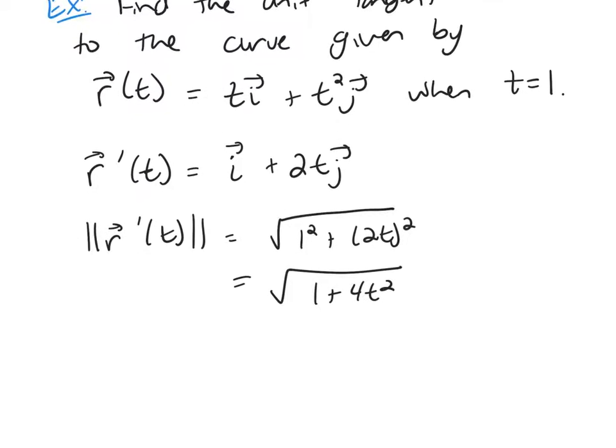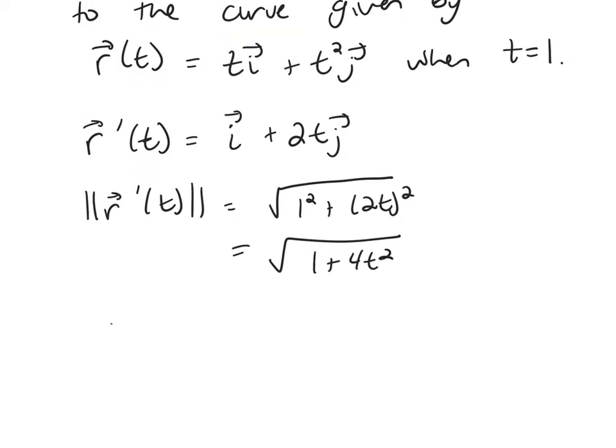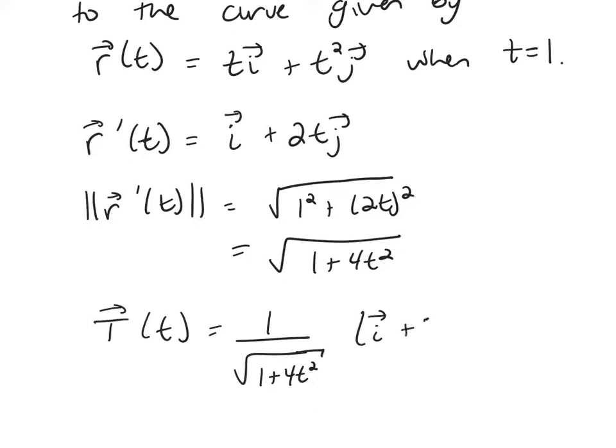And now we're just going to plug this into our formula for the unit tangent vector T. It's 1 over the magnitude times the vector for r prime.